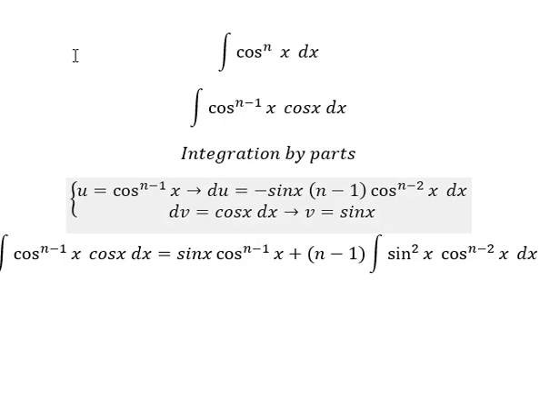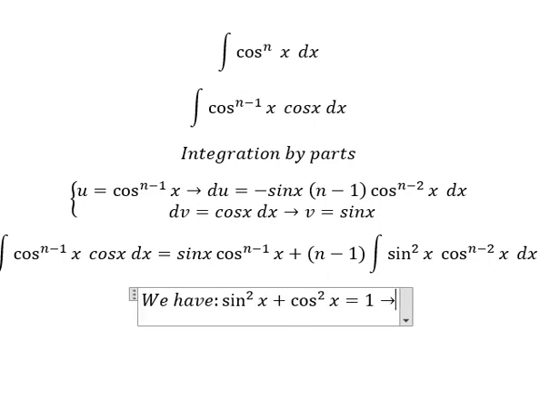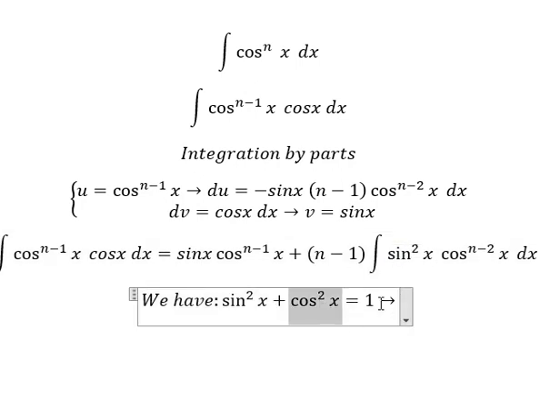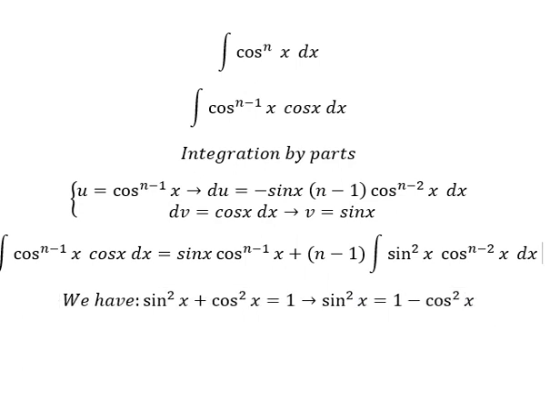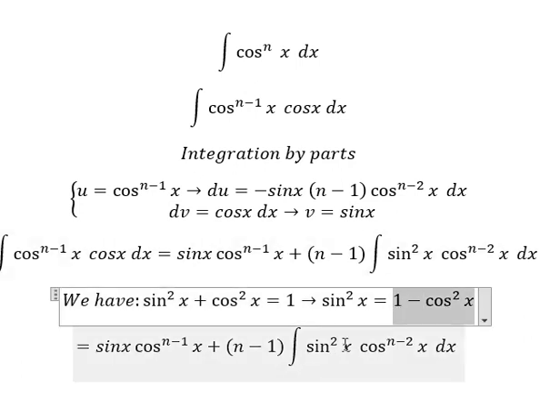Next, we have the second formula in here. Because we have sine x squared, I will put this one go to the right. So I will put this one in here.